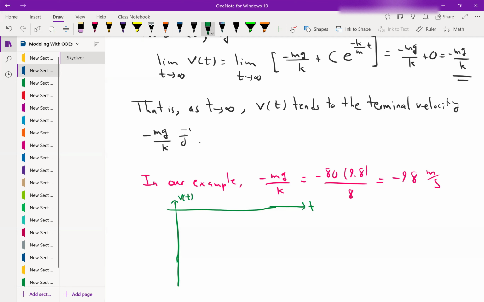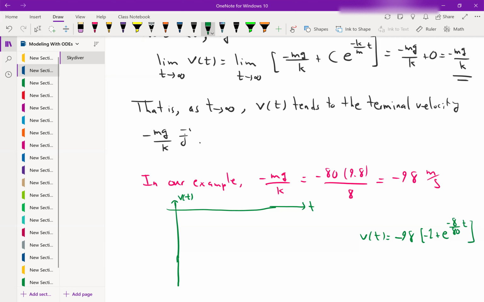Okay. And remember what was the formula for v of t in our example? V of t was equal to negative mg over k, which in our case is negative 98, and then we had negative 1 plus e to the power of negative k over m, negative 8 over 80 times t, right?